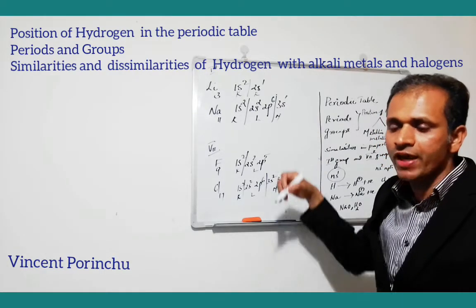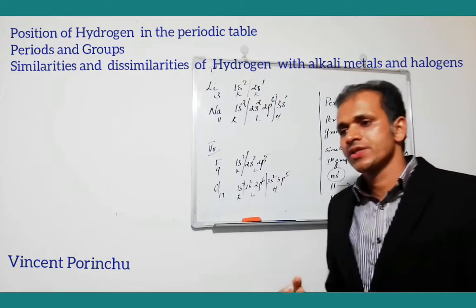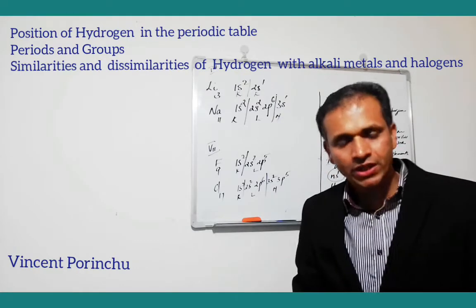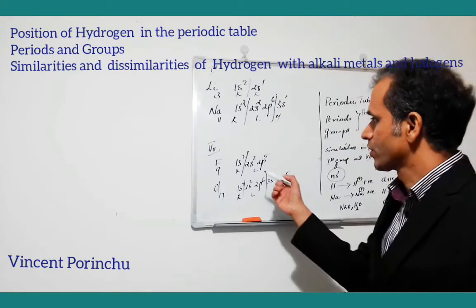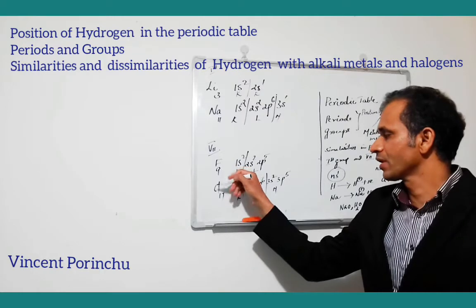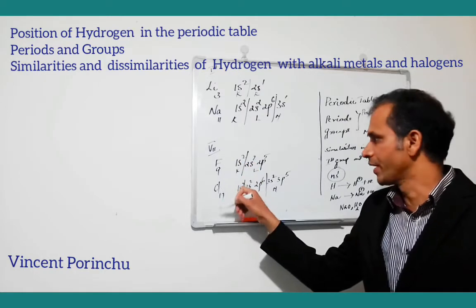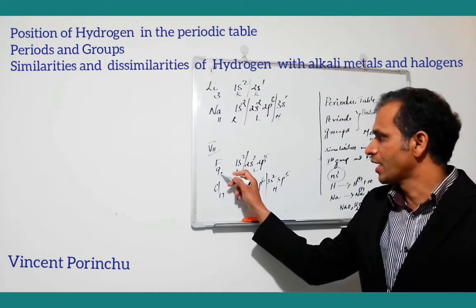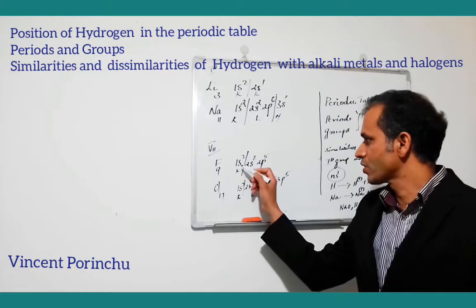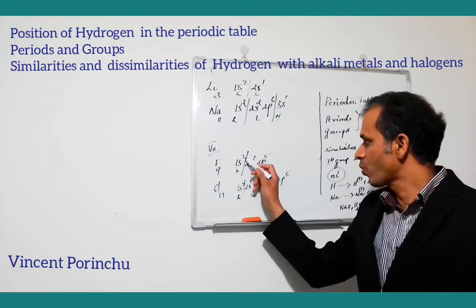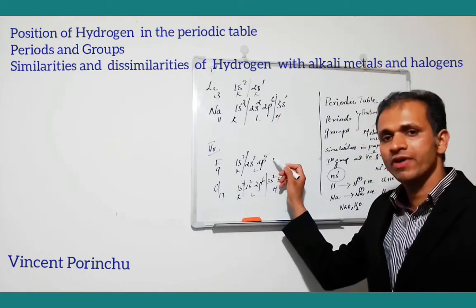In the same way, consider the 7th group elements. What are the 7th group elements? Fluorine, chlorine, bromine. Fluorine has atomic number 9, so we can write the electronic configuration 1s2, 2s2, 2p5.